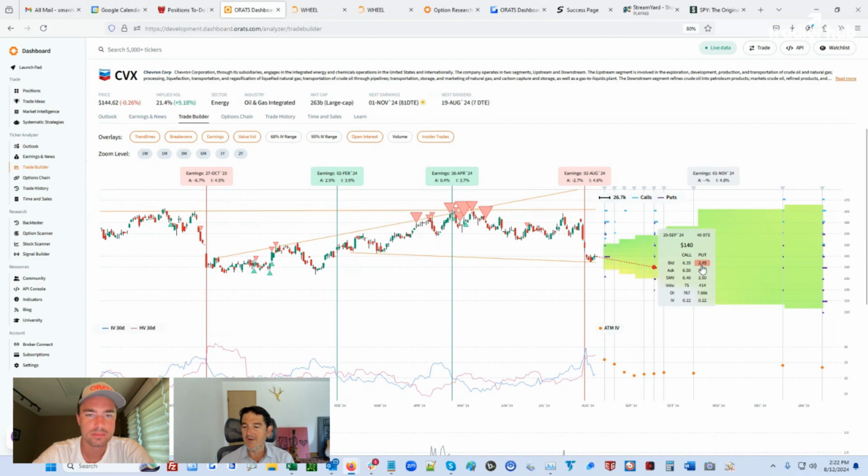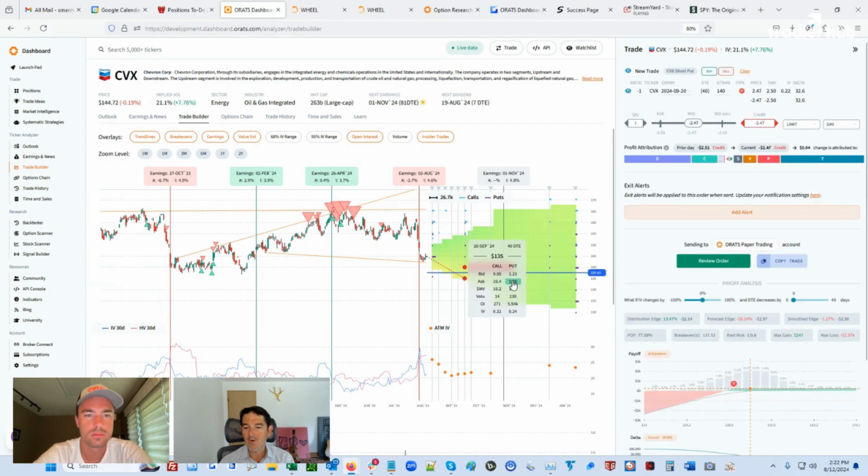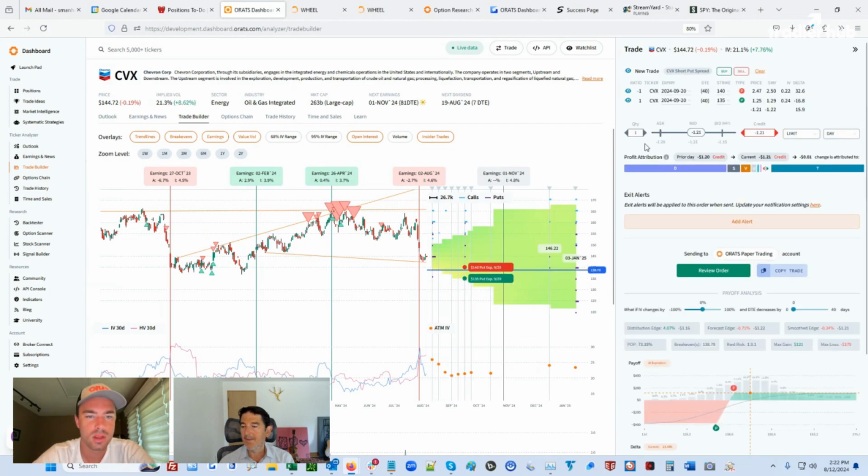Well, the vol's really high in Chevron right now compared to what it normally is. So we'll do an out-of-the-money put spread. And I don't think we've shown trading directly from the trade builder on the show, but this is a nice way to do it. It's a pretty cool point and click interface.